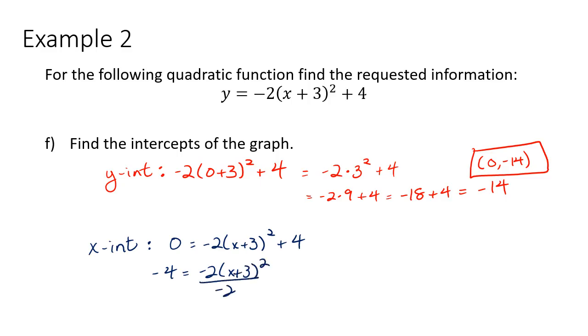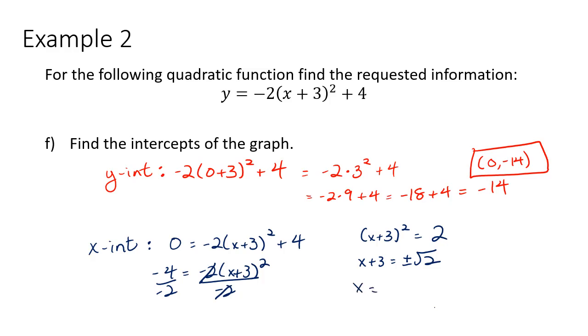Then dividing that coefficient of -2 across. So we have (x plus 3) quantity squared is equal to +2, a negative divided by a negative. Square root of both sides, plus or minus square root of 2, which is not something we can simplify, it just is what it is.